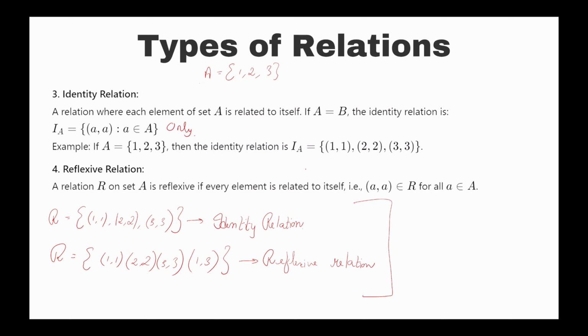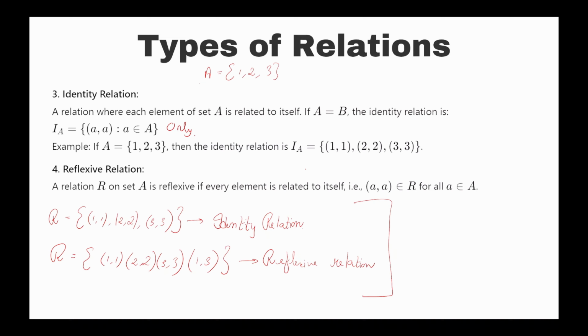However, we would call this an identity relation only and only if all elements are related to themselves. However, when we talk about a reflexive relation, this is also the same thing. Each element should be related to itself. However, it is not necessary that only those elements need to be related to themselves. Now let's say I have R equals, for the same set, (1,1), (2,2), (3,3).